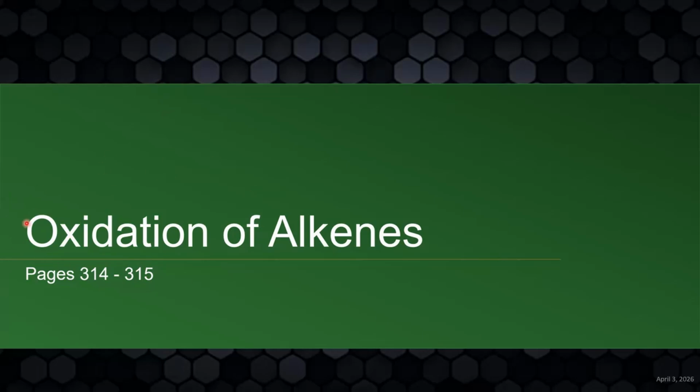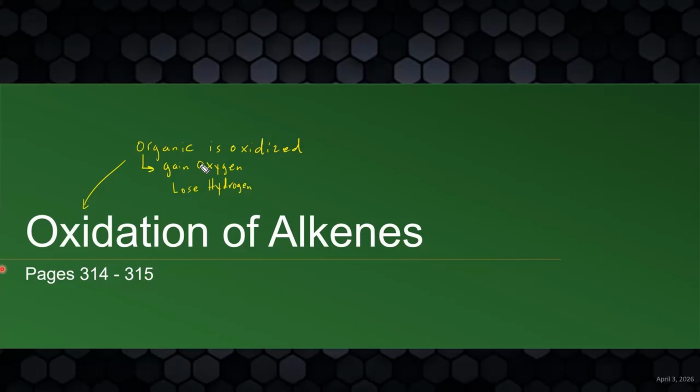Now, to recover a little bit what oxidation is in organic chemistry. In organic chemistry, the term oxidation is used for when the organic compound is oxidized, meaning that the organic compound is either going to gain oxygen or lose hydrogen, or both.